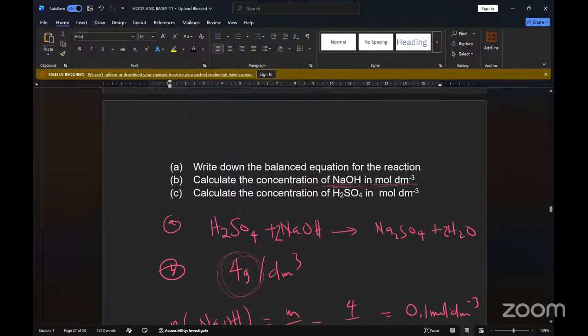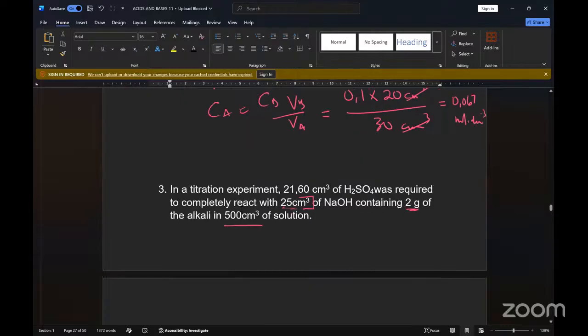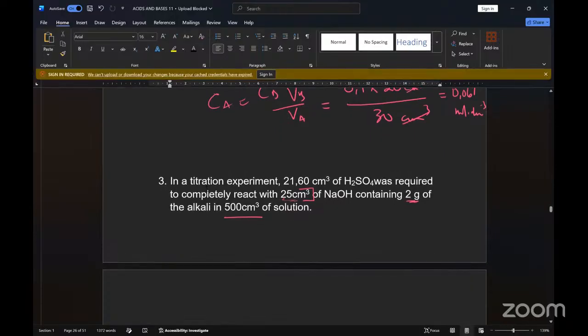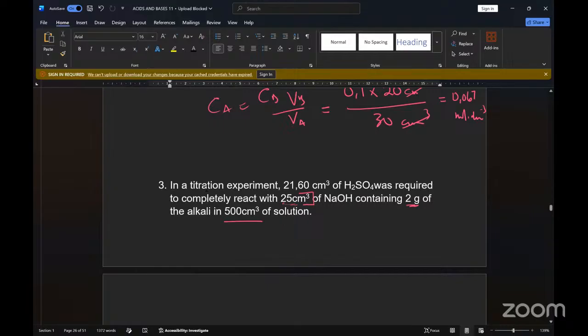We go here. Oh, there's something missing here. Why did I miss it? Just give me a minute. Let me see where I took the question from. If I don't see it, then we can just move on. I copied it from somewhere, though. We need the concentration of the acid, not just the volume.